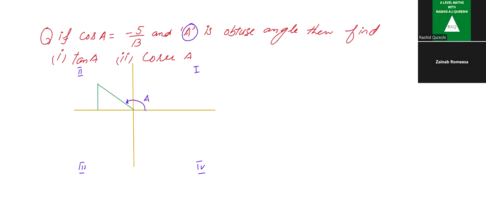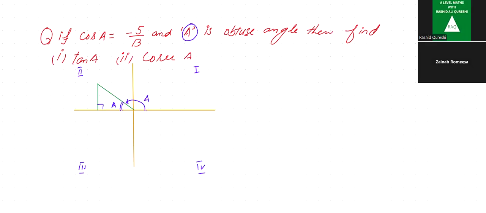Now remember that this is angle A, that is called the general angle, and this angle which is acute with the x-axis will also be A. Why will this be A? When I have this type of angle, in all the cases the answer of the trigonometric ratios, the numerical answer, must be the same. What's the meaning of this?